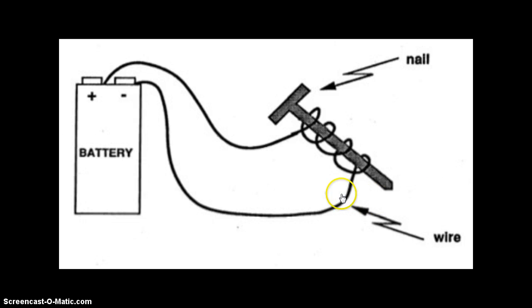It isn't until we provide this magnetic field that the magnets inside there say, hey, this is a preferred orientation. Once they all line up, then you almost get a magnifying effect, where this small bit of current and magnetism that's provided by the wire activates all the little magnets inside the nail, and the nail becomes a much stronger magnet.